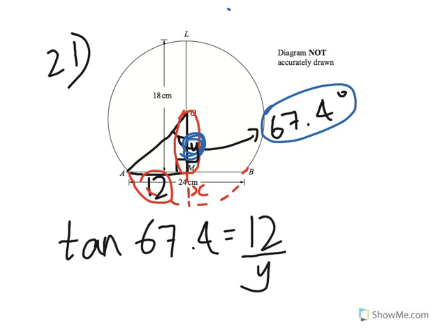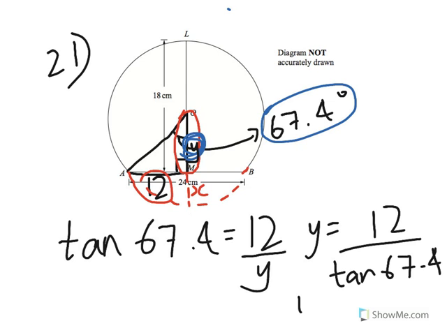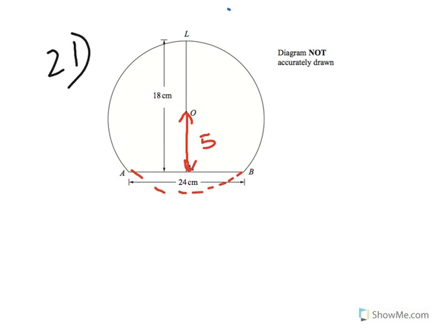Okay? So y is equal to 12 over tan 67.4. So y is equal to, I'm expecting you know all this algebra, it's pretty basic, 4.995, we'll call it 5, okay? Okay, so now we know that this OM length is 5.